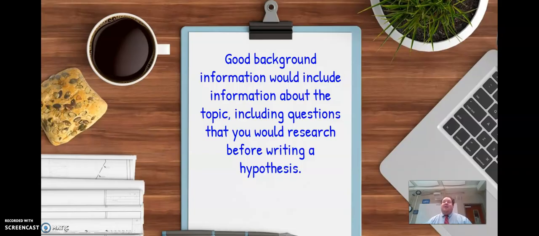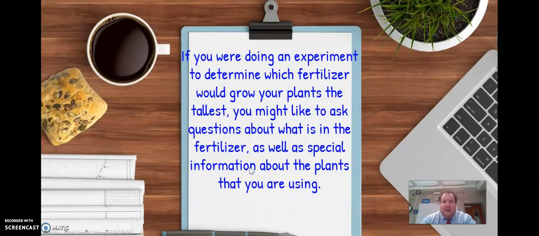We know that that hypothesis is an educated guess, a prediction, but it's very important that we understand that we should know something before we just write a hypothesis. So if I were doing an experiment to determine which fertilizer would grow my plants the tallest, I might like to ask questions about what is in the fertilizer, as well as special information about the plants that I'm using.